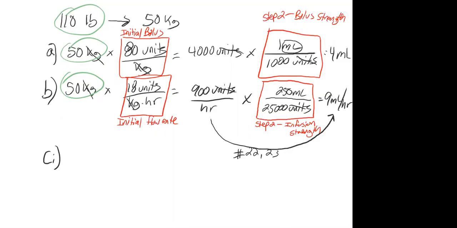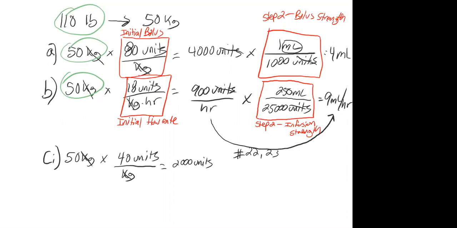But for math purposes, we can practice, same patient, this time 40 units per kilogram. We get rid of the kilograms, we get 2,000 units. And then I'm going to calculate again by the same bolus dosage strength.